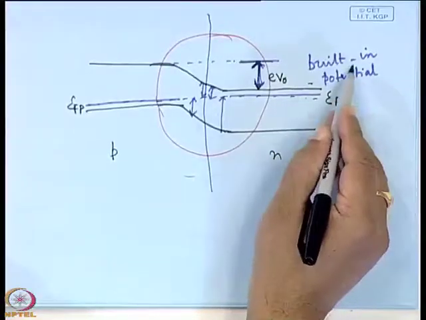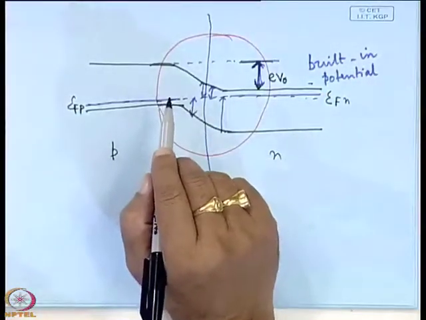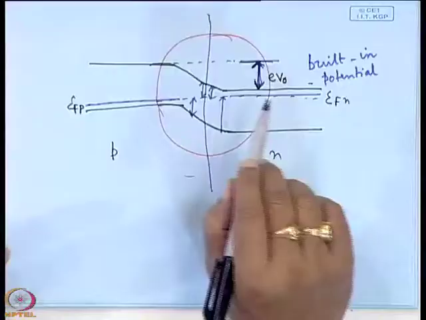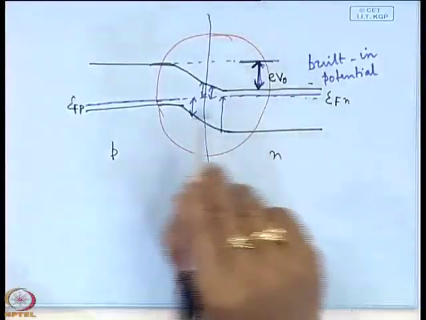This is known as the built-in potential. And why is there a built-in potential? It is because of the electric field generated by the uncovered charge in the depletion region, which stops further diffusion from N side to P side or from P side to N side. So, that is a very important consideration for p-n junction.